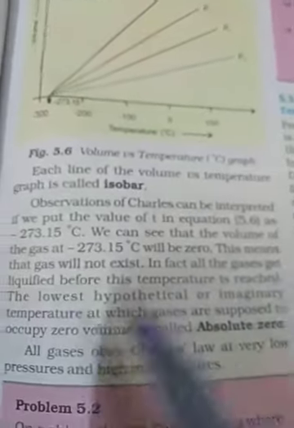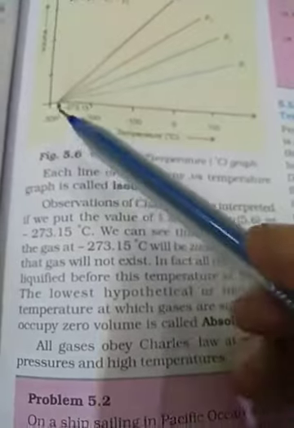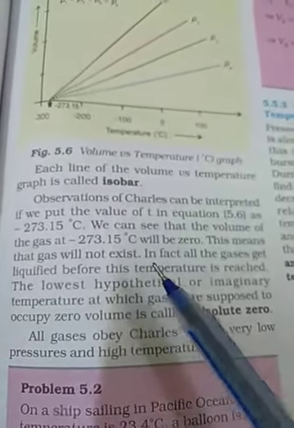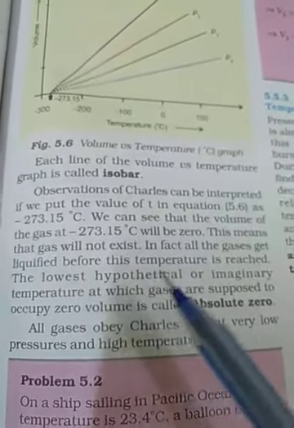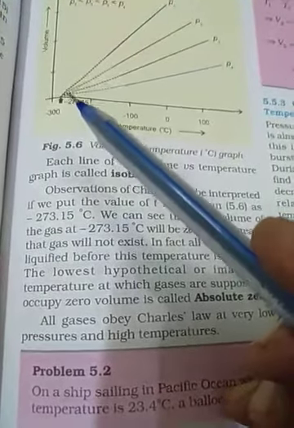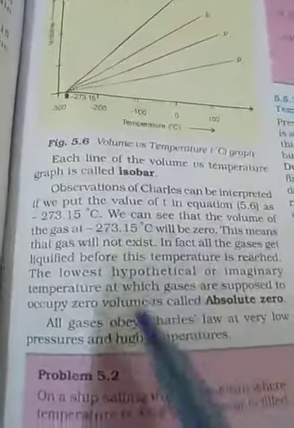If we put the value of T in equation 5.6 as minus 273.15, we can see that the volume of the gas will be 0. This means that gas will not exist. No volume means no gas. In fact, all the gases are liquefied before this temperature is reached, so there is no gaseous state of matter at this temperature. They will convert into liquid.